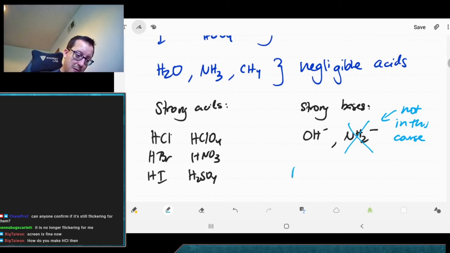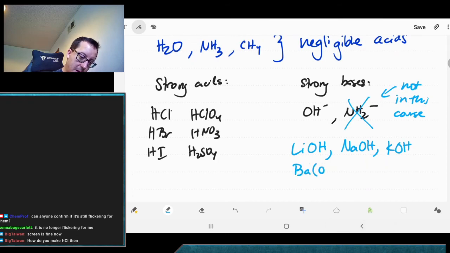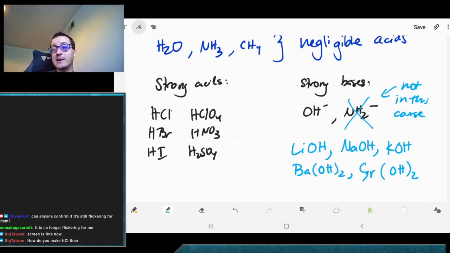So that would be, for example, barium hydroxide and maybe strontium hydroxide, but that's pretty much it. Those are pretty much your only strong bases here, and they're all hydroxides for us right now.